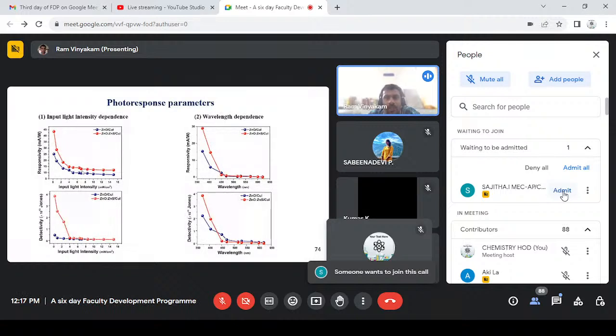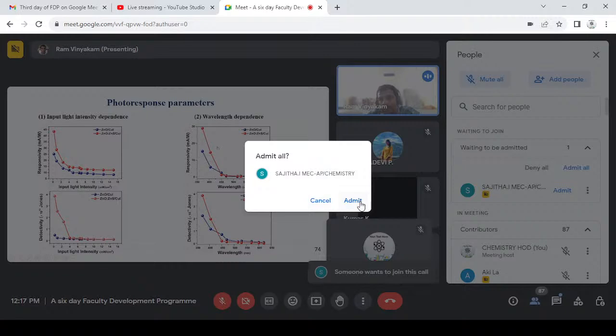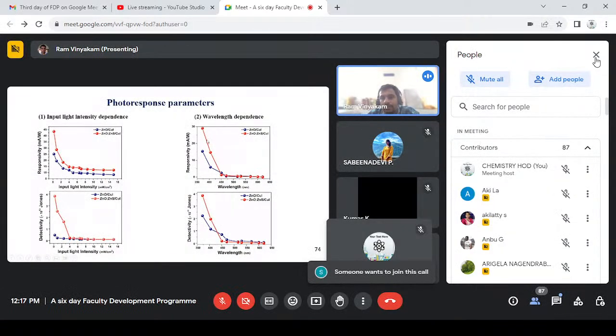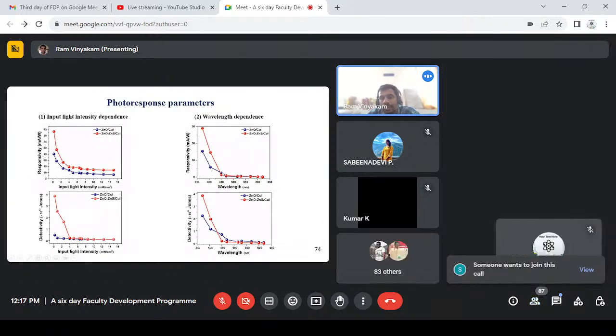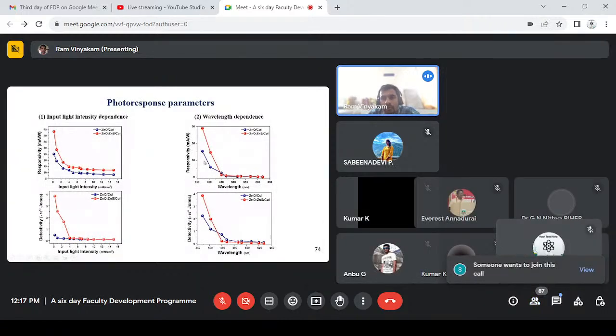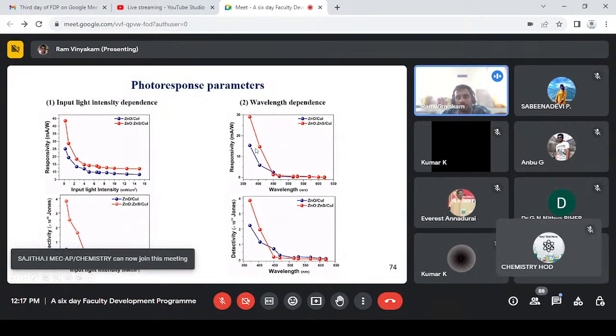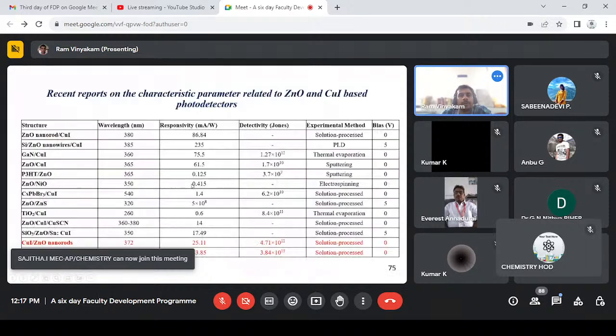Most of the journals now are asking for this, and these are with different light intensities. And one more thing we did: since I said it is a UV detector, we checked the whole range of UV, with the different LEDs available to us, and visible too. And we found that 360 nanometer is the most responsive, and it is higher for our devices.